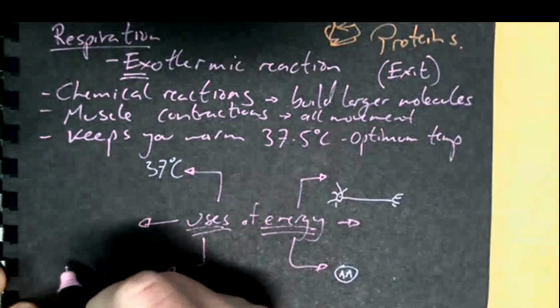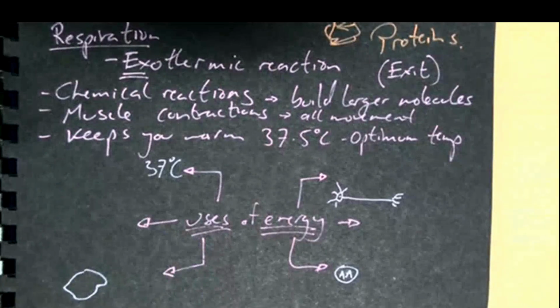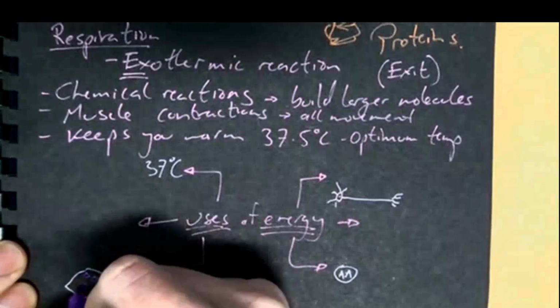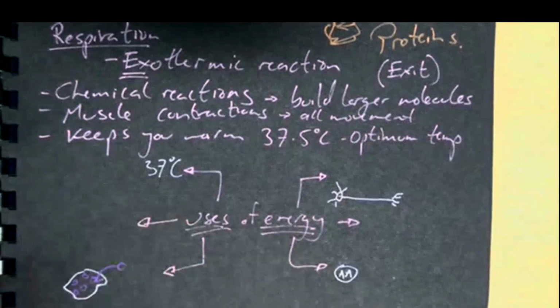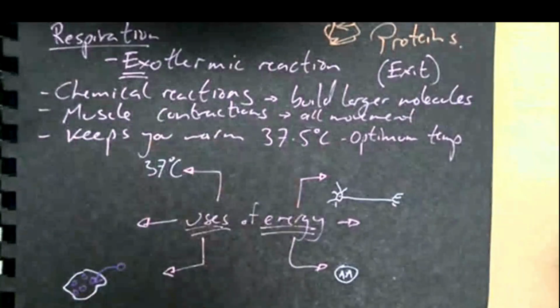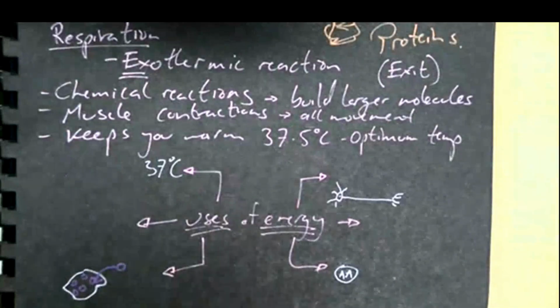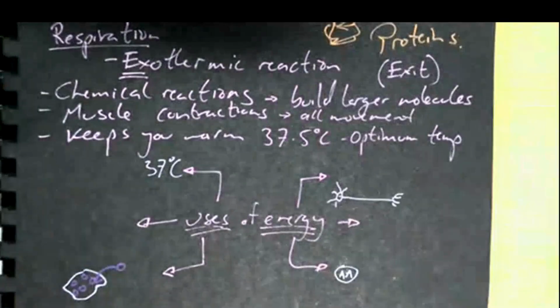Let's go like this. And then okay, so 2 minutes. See if you can come up with 6 things, or the 6 main things that you think the energy produced in aerobic respiration is used for in your body.